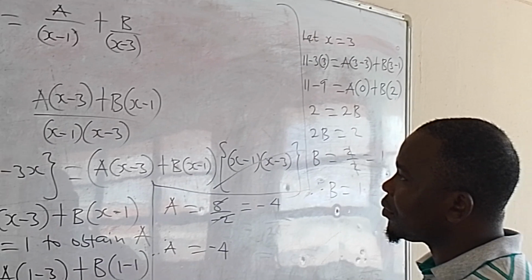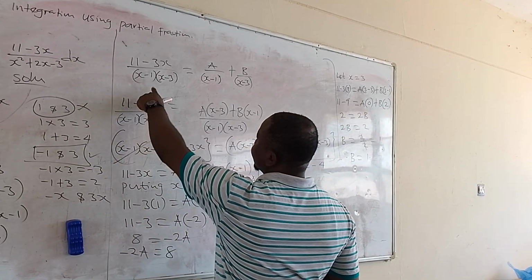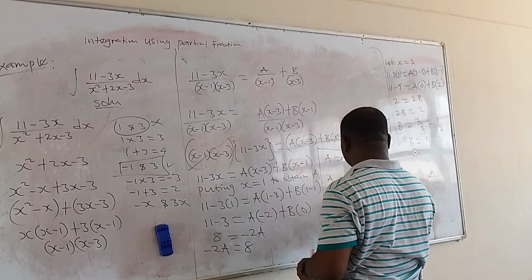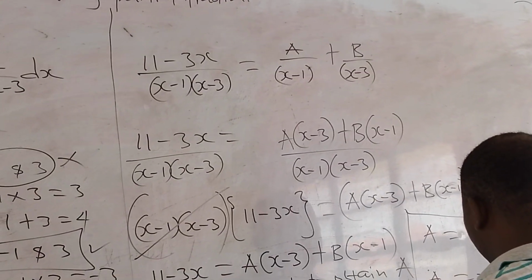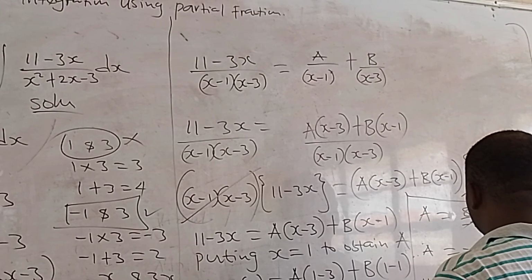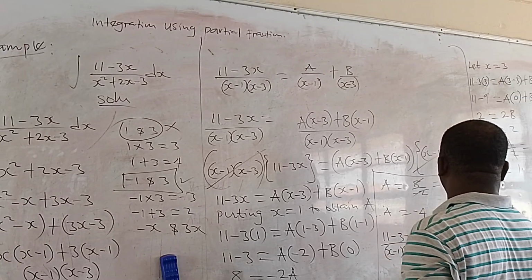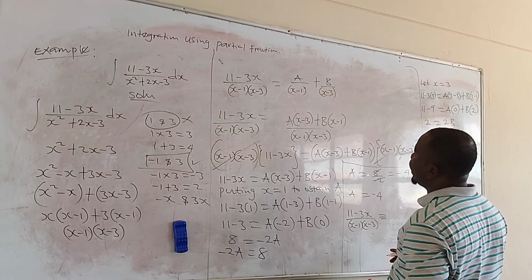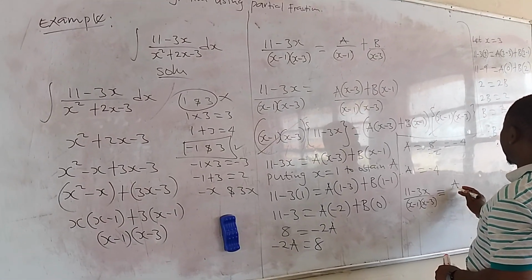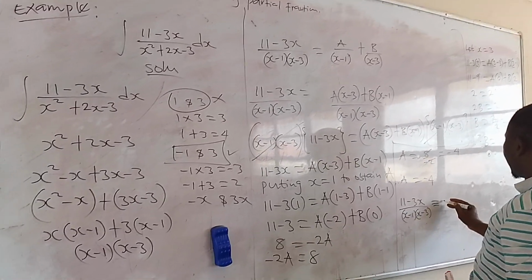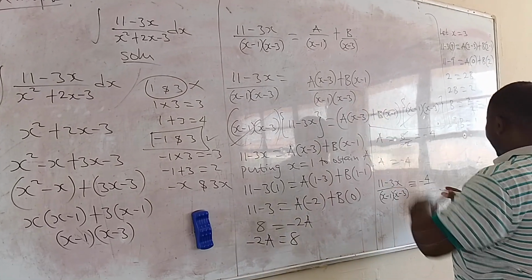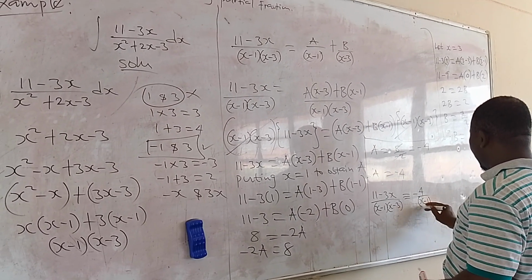So now, our 11 minus 3x all over x minus 1 all in bracket x minus 3 is equivalent to our A all over x minus 1, our A now is minus 4, all over x minus 1.